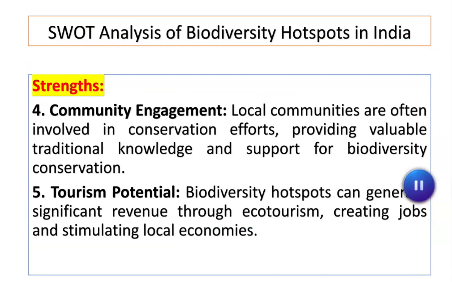And if the local people and local government are taken into consideration and their support is taken, obviously the flora and fauna can be saved. So this is also another strength.